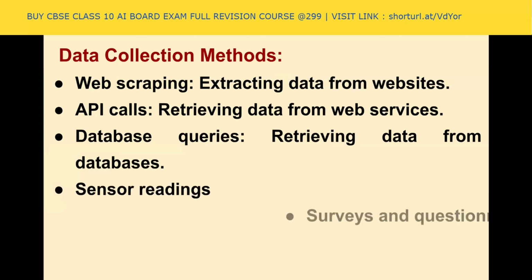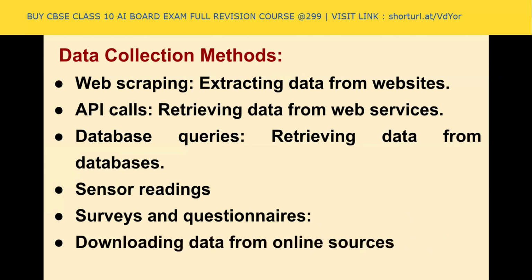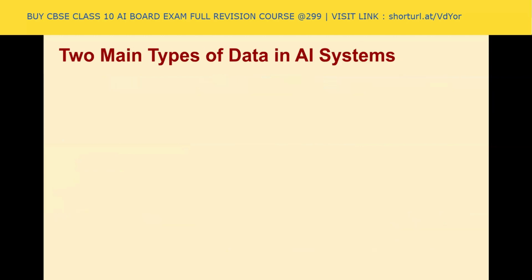Then sensor readings, you can read the sensors. Then surveys and questionnaires, you can even collect data by creating forms, questionnaires, and get the data from there. And obviously, you can download data from online sources, especially government websites or some other websites where you can get the information.